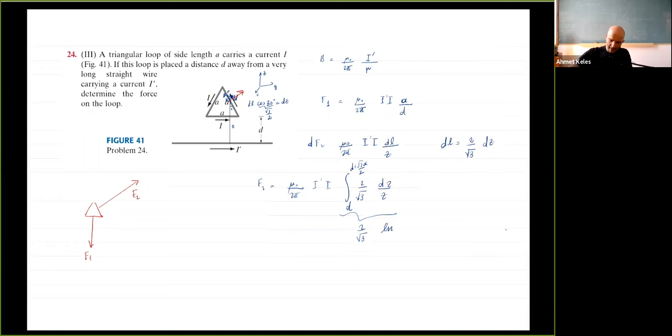It's a log, ln z, with limits from d to d plus square root of 3 over 2 a. And if I use the properties of ln, this is 2 over square root of 3 ln of 1 plus square root of 3 over 2 times a over d.